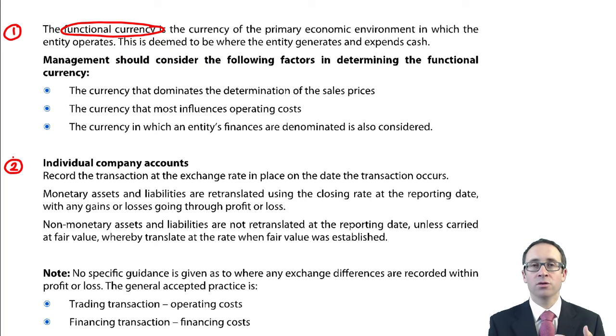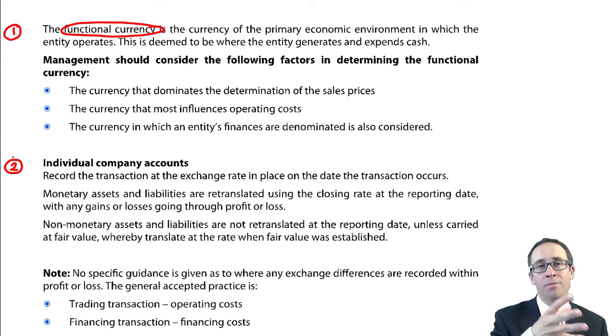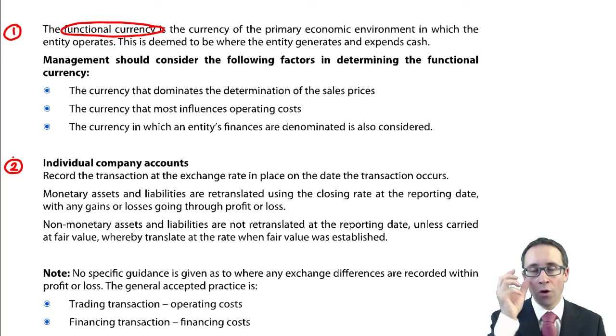So if I had a functional currency of the pound sterling and I entered into a credit sale with a company in Germany and that invoice was raised in euros, I would need to convert those euros into pound sterling before I then record the transaction, which did I say was a credit sale. So to debit the receivables and credit sales. So it's all about being able to translate the overseas transactions into that functional currency. Happy with that? That's it.